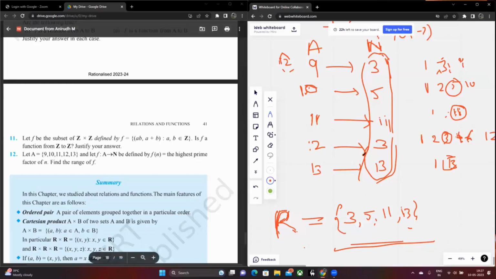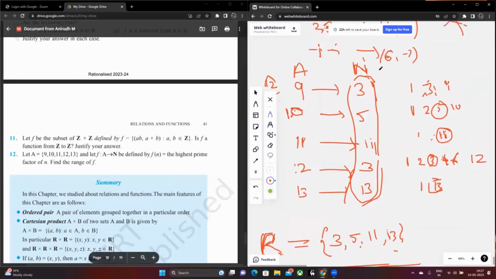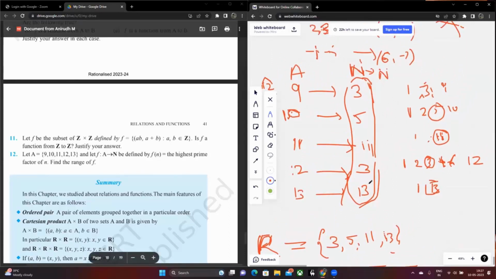Basically, if that happens, then you have to write that the range is what is given inside the capital N. So if this was not capital N, but some random set N, which is 1 till 11, but not anything more than that, you have 13 mapping to 13.